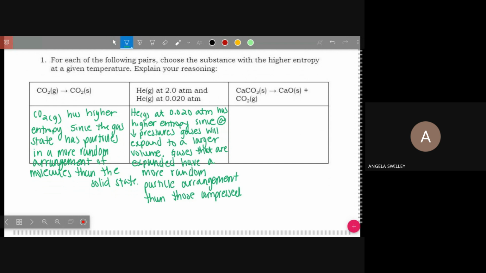All right, now let's look at calcium carbonate solid and calcium oxide solid plus CO2 gas. Calcium oxide and CO2 gas has a gaseous species, which has more entropy than a solid will by itself.